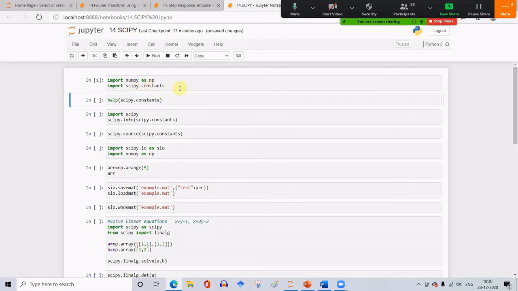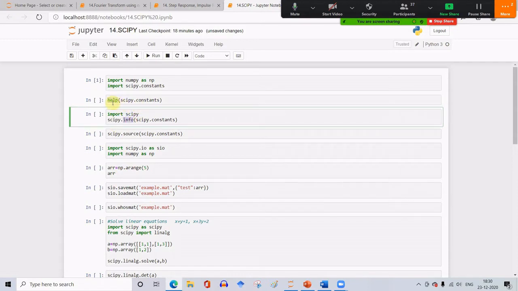For any sub package, to get the information about that sub package or any function in SciPy or any variable, you can take the help of this help, or you can even take info.